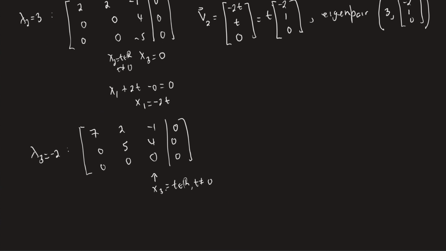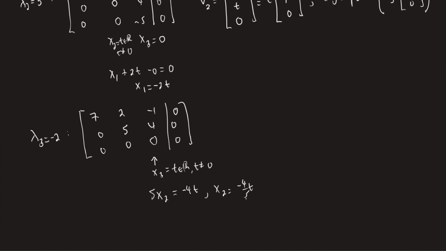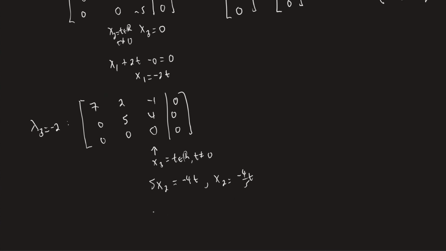And notice I'm not doing much elimination at all. We just have to know how to interpret our system. So 5x2 is equal to negative 4t, just moving that term over. That means x2 is negative 4/5 t. And then take all of this and put it in the top equation.